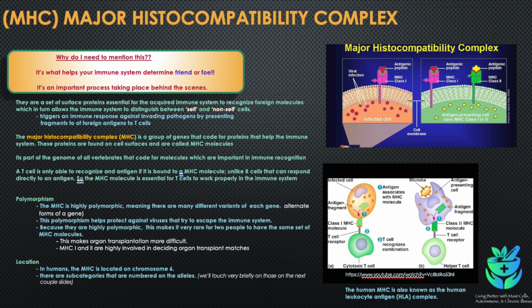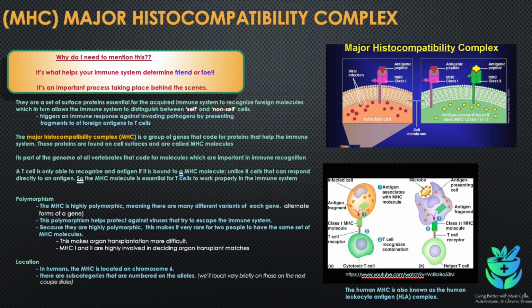This makes organ transplantation more difficult, and this is part of all the testing you have to do to make sure you can have an organ transplant with someone else. MHC 1 and 2 are highly involved in deciding organ transplantation matches. It is also greatly involved in autoimmune diseases. And now you know why I absolutely have to talk about this.